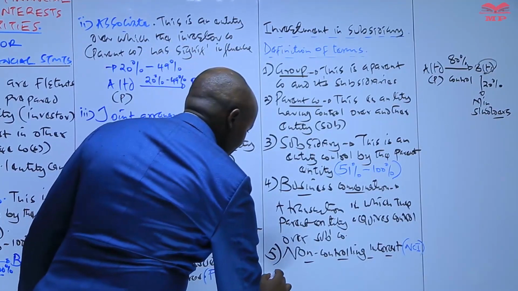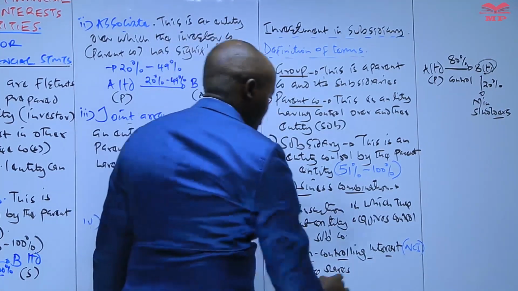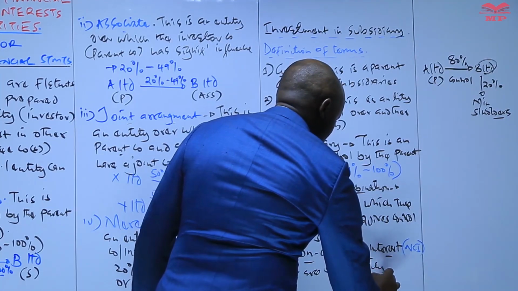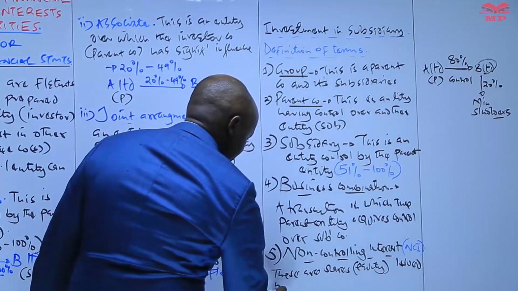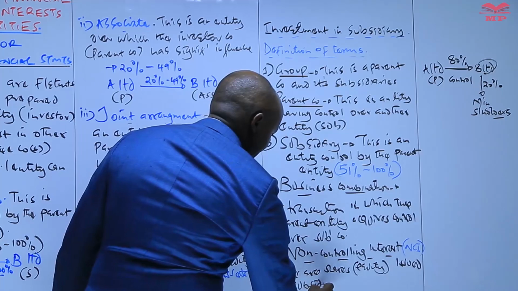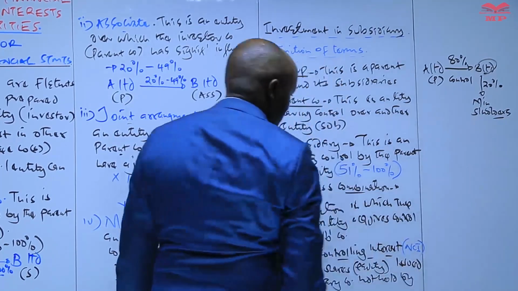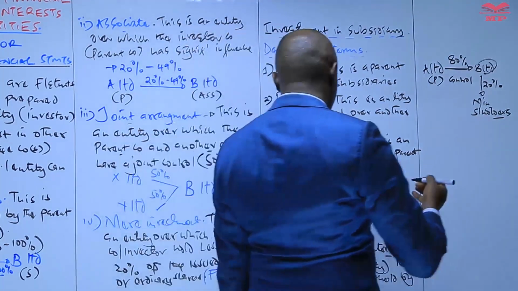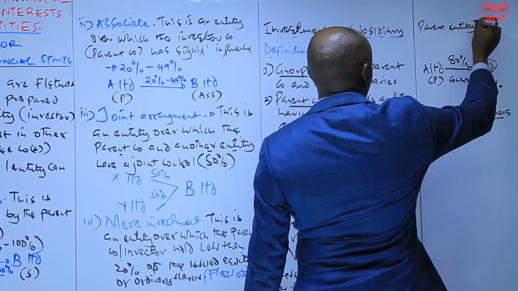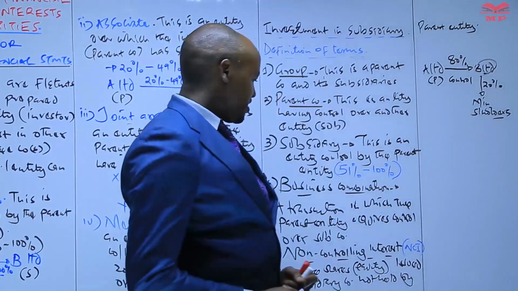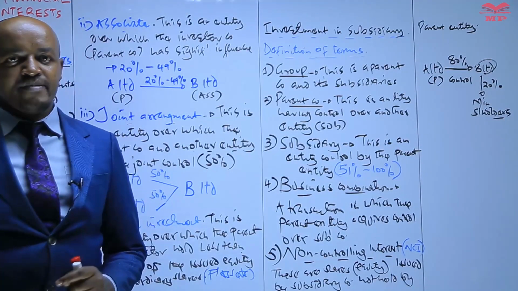So we say NCI are shares, and specifically we are talking of equity shares issued by the subsidiary company, not held by the parent company. Shares or ordinary shares issued by the subsidiary company, not held by the parent entity.